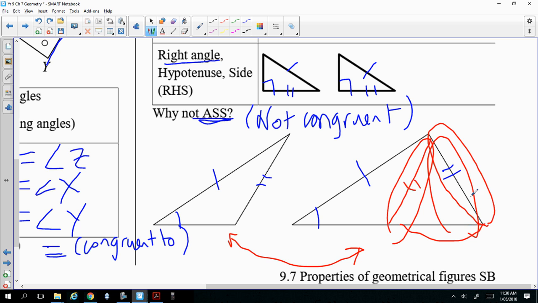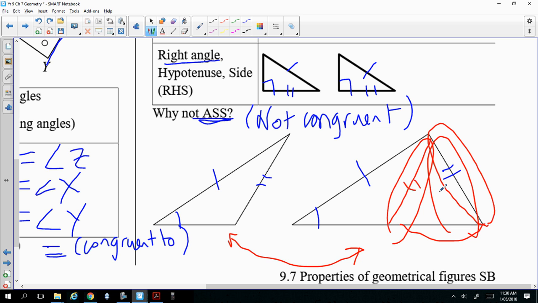But because of the ASS, this side can be here or there. That's why they are not congruent. Yeah, this angle won't be equal, but this angle is still equal. So having the same angle, two sides are equal, doesn't mean they are congruent.